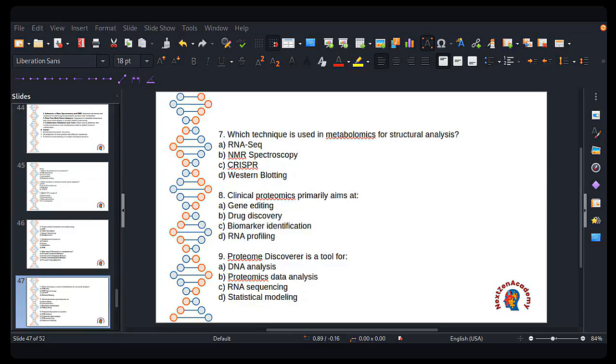Okay. Spectroscopy is used in electromagnetic radiation and NMR spectroscopy uses radio waves. Very good answer.